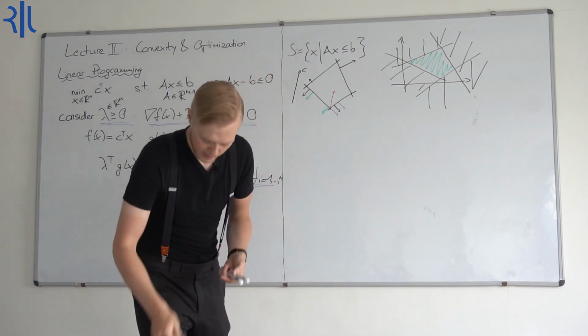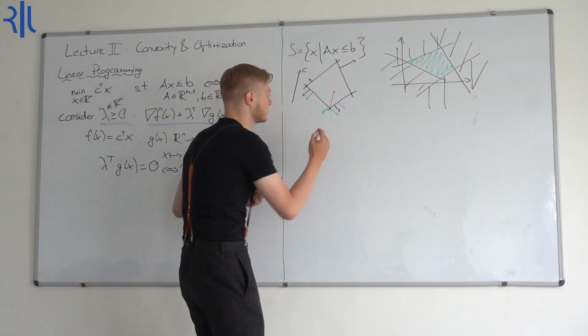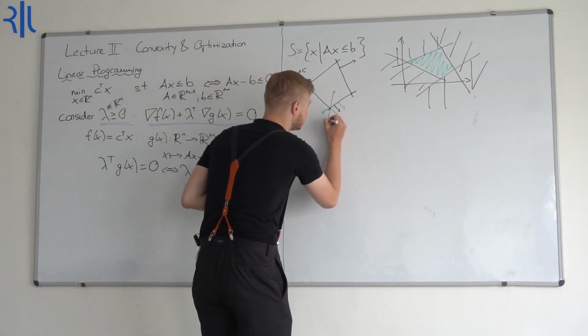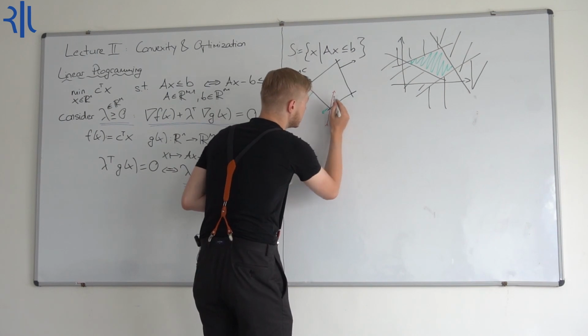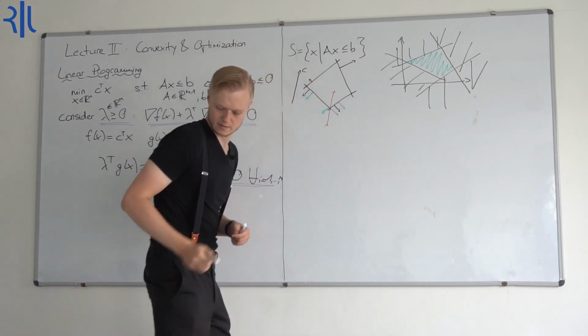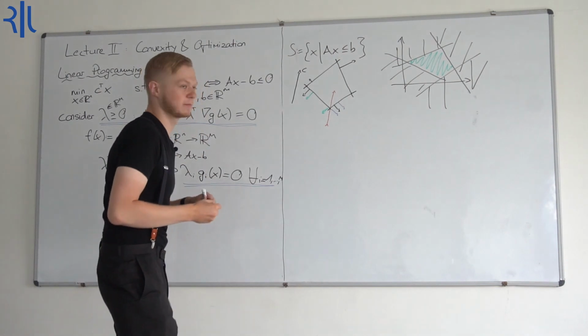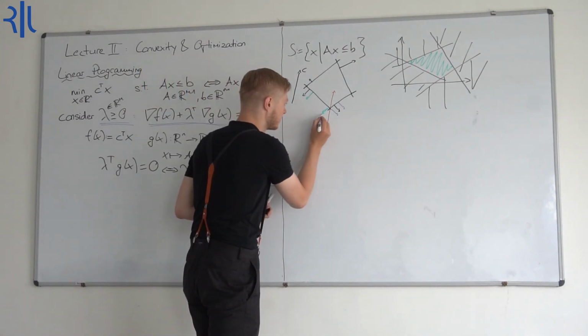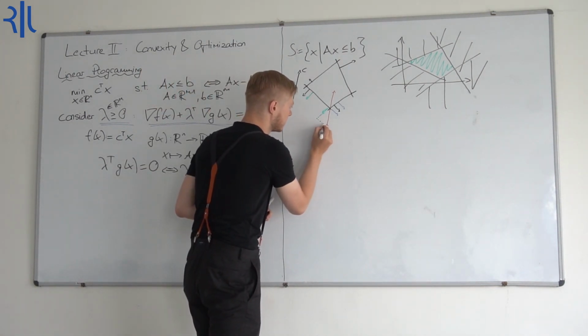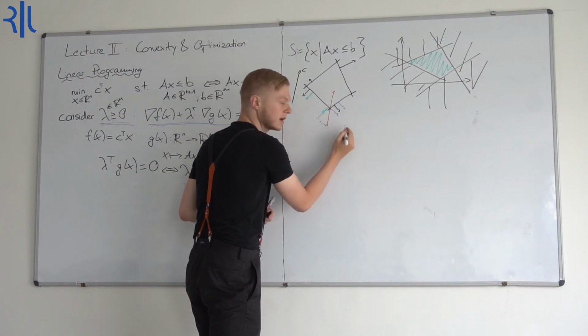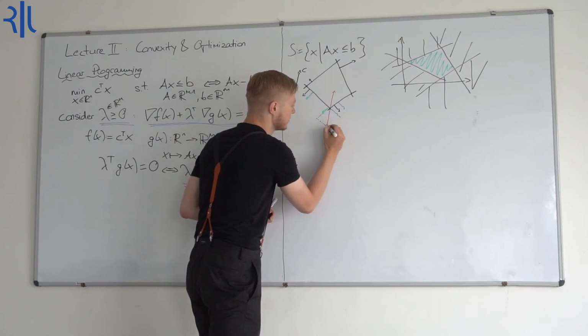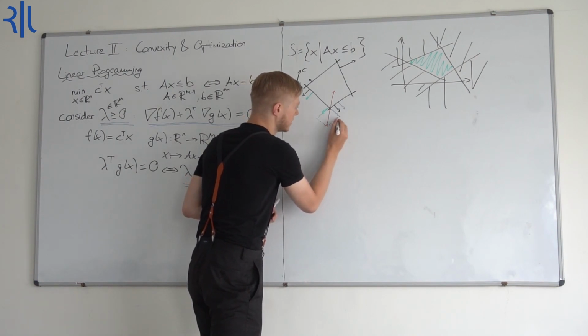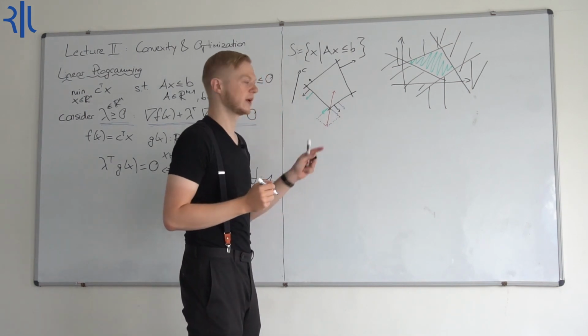So basically what we geometrically do, take the negative of C, and here we can find positive multipliers for this gradient and also for this gradient. And we get 0 if we add it with C.